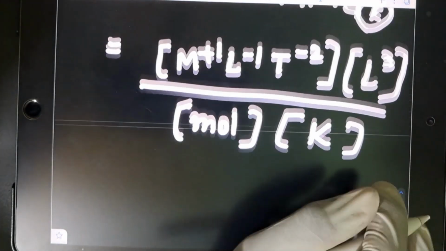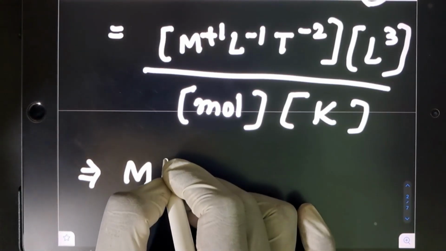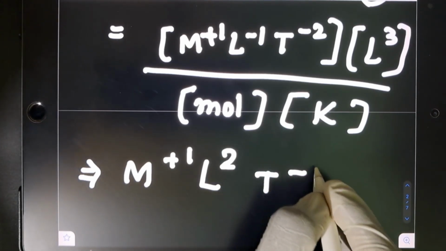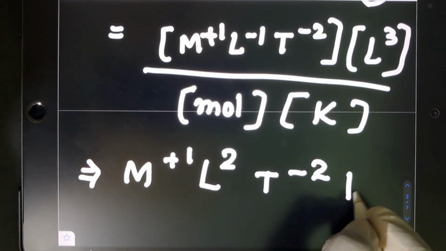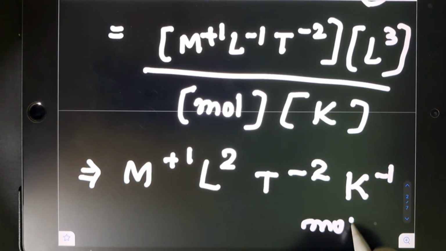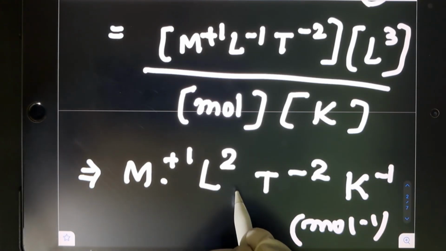On reciprocal, we get M power 1 L power 2 T power minus 2 K power minus 1. You can also write mole inverse. Time is represented by the letter T and temperature is represented by K.